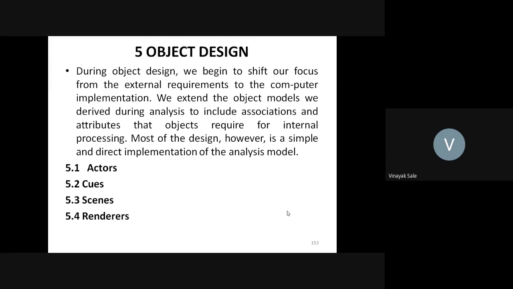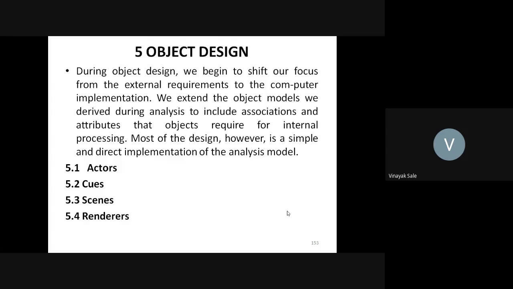Then fifth point is object design. During object design, we begin to shift our focus from the external requirements to the computer implementation. We extend the object models we derived during the analysis to include associations and the attributes that objects require for internal processing.